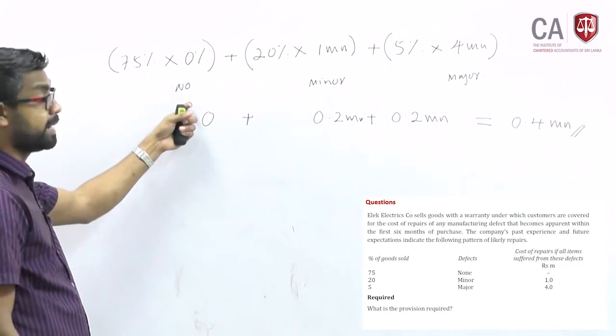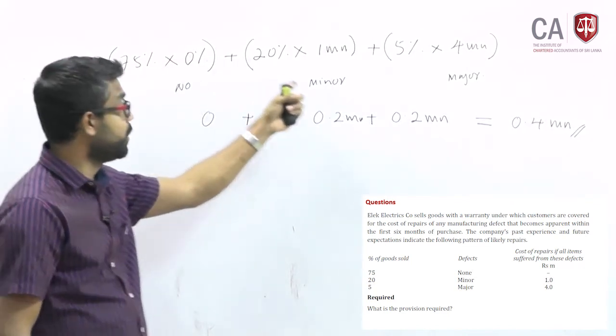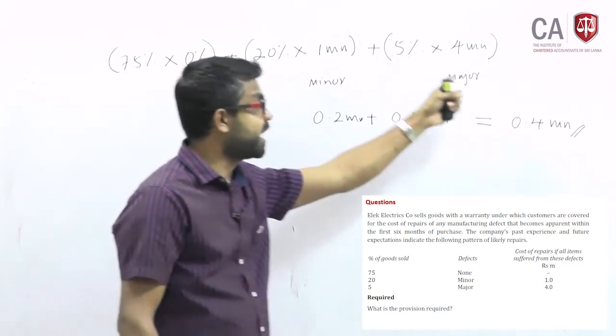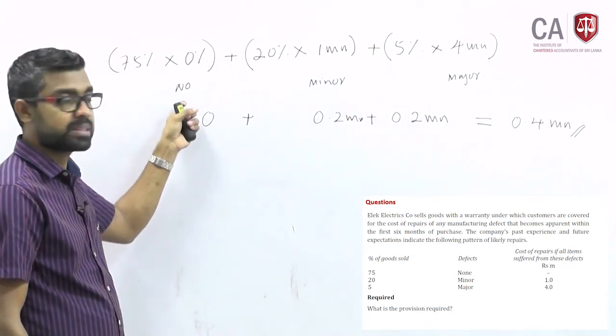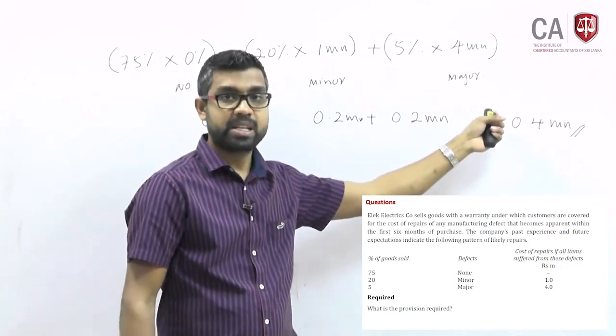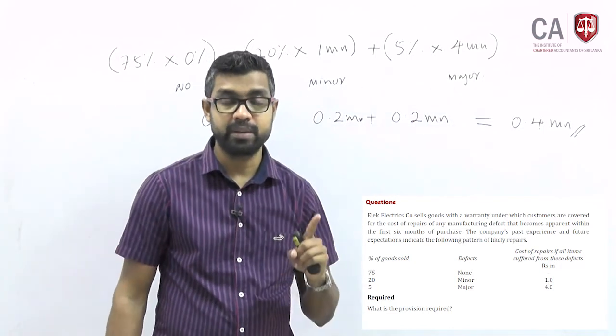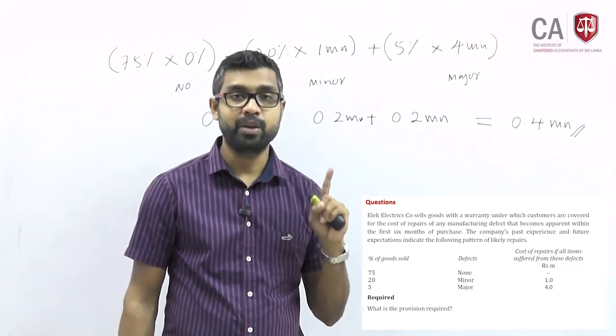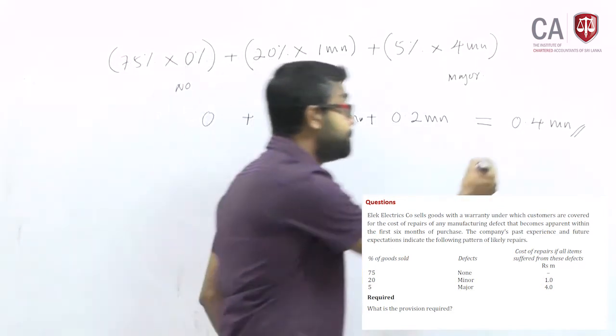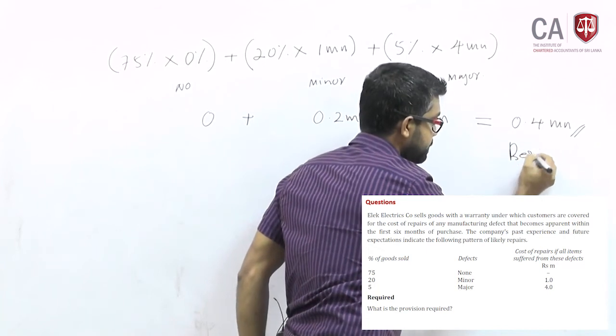Why? Because you are expecting no defects, you are expecting minor defects, you are expecting major defects. There are three outcomes. Since you have many outcomes, it is not the individually most likely outcome. It is what? Expected value method. This is the best estimate.